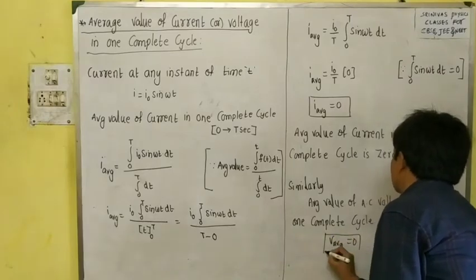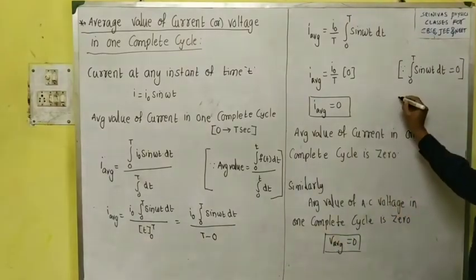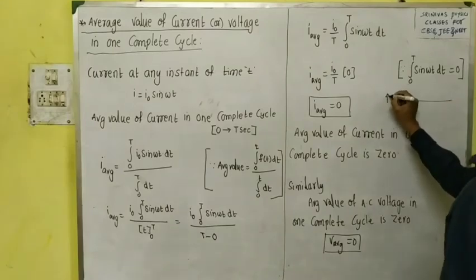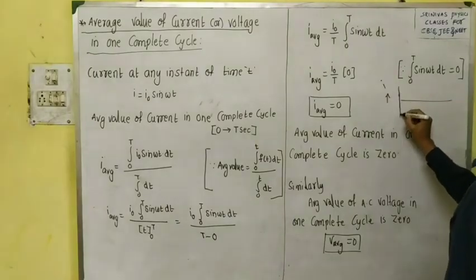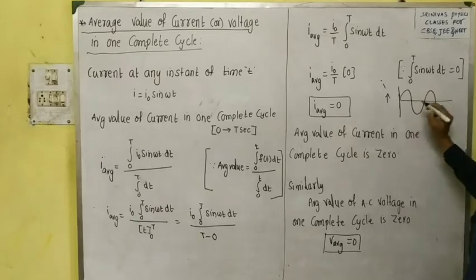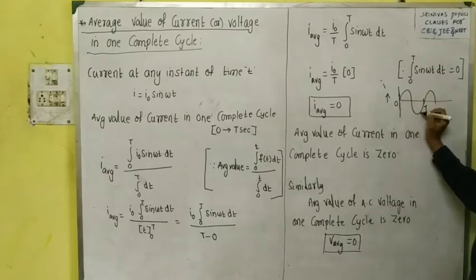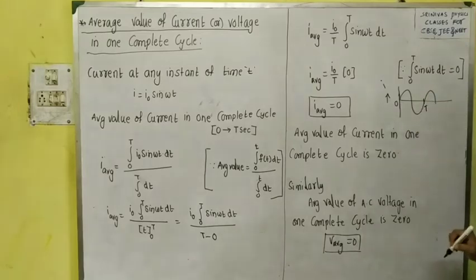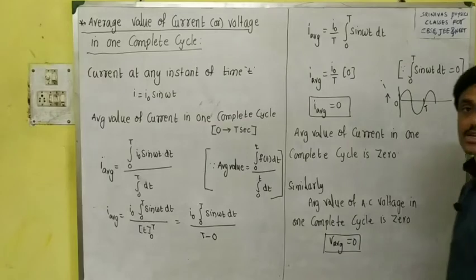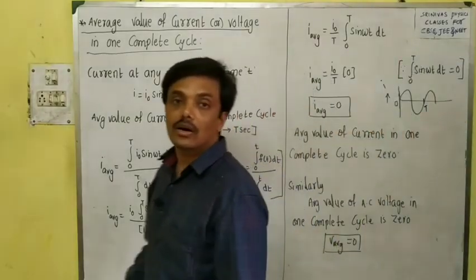Why is this 0? Because in an AC circuit, how much positive current we have, that much negative current also is there. You see here, this is 0 and this is capital T. How much positive current is there, that much negative current is there. That's why the sum becomes 0, and the average also becomes 0 in a complete cycle.